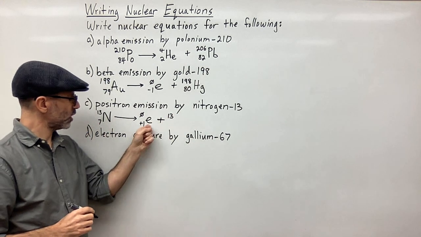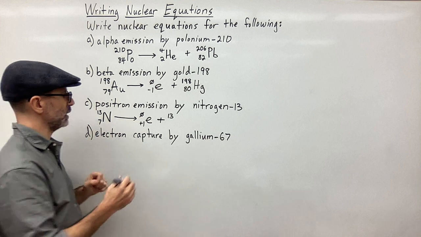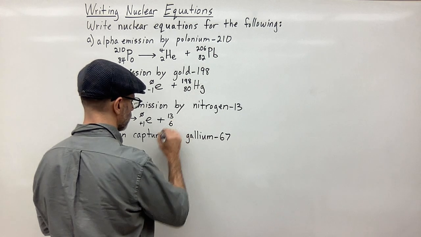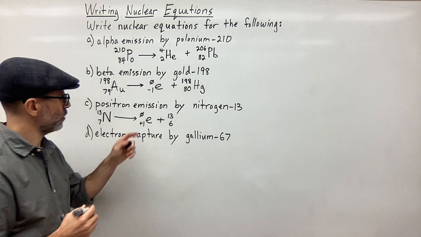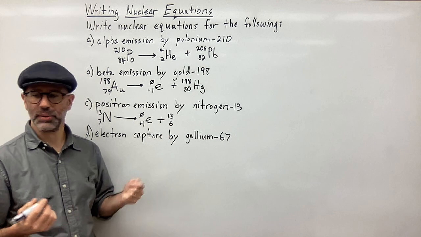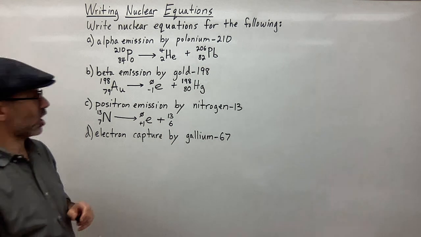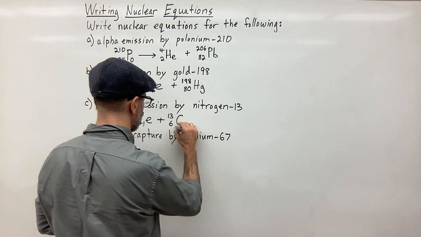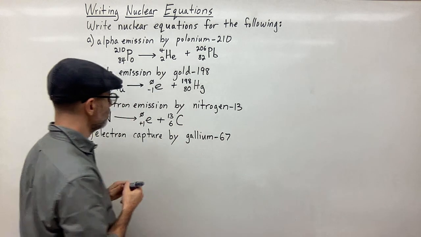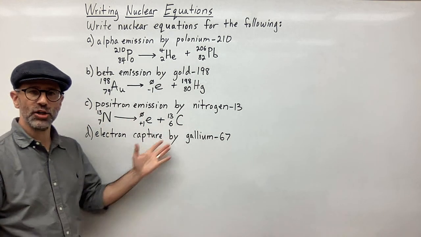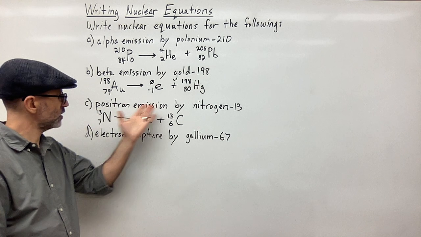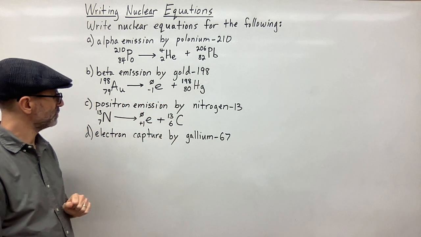Well, what plus 1 gives me 7? That would be 6. And so now I know 6 is the atomic number. I look up atomic number 6, and I have carbon. So this is carbon 13 now. And so here's our nuclear equation for this description, this decay.